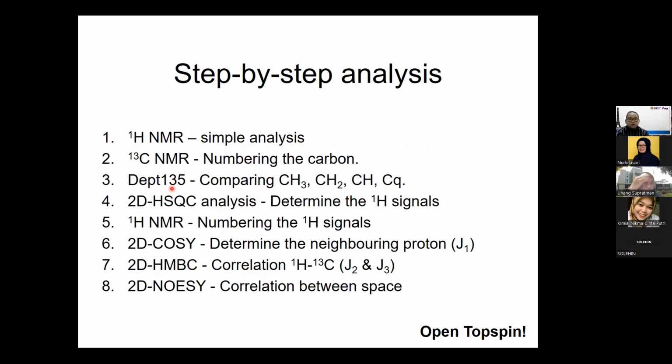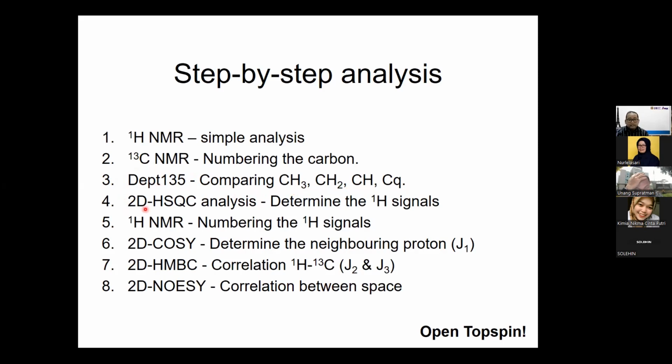Then you have to align with DEPT 135. There are 2 more DEPT experiments, but usually we run DEPT 135 first. If we cannot get any information there, we have to run DEPT 45 and DEPT 90, for example. DEPT 135 distinguishes CH3, CH2, CH, and quaternary C.